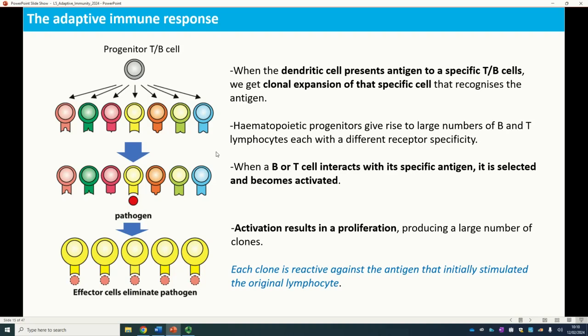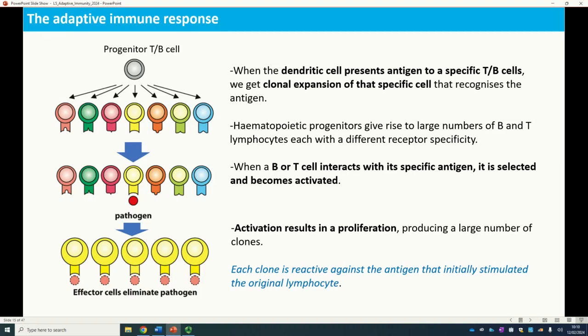They all have a unique antigen receptor on them. So when we encounter a pathogen, that pathogen will probably be recognized by one of those T cells out of the whole mixture of different T cells that we've got. But that's just one cell, so that's not really going to help us.